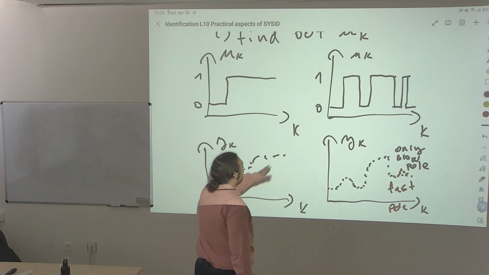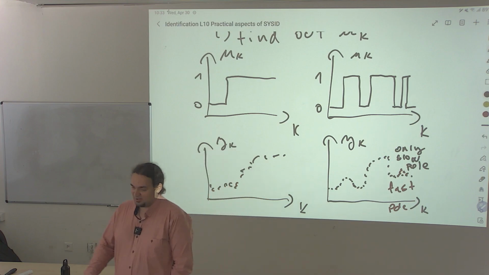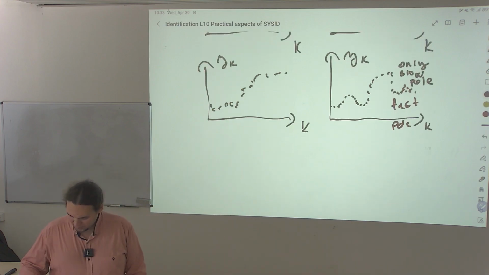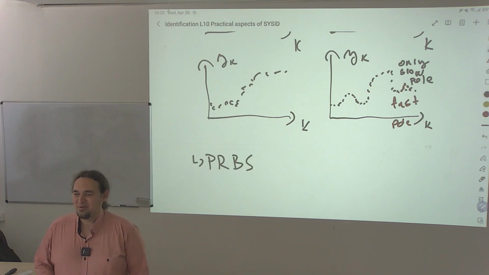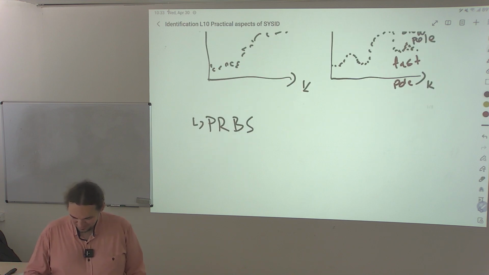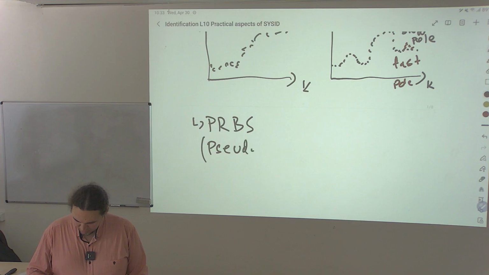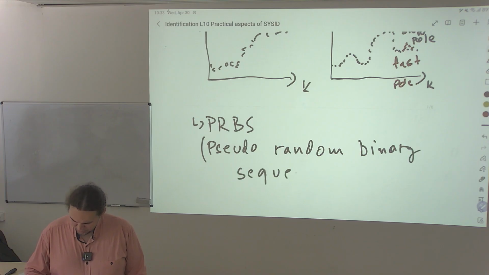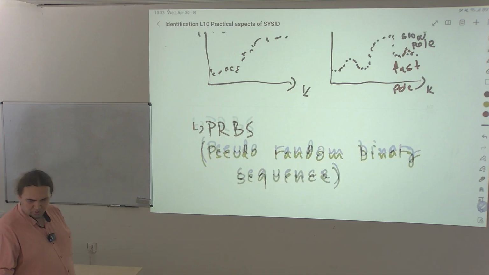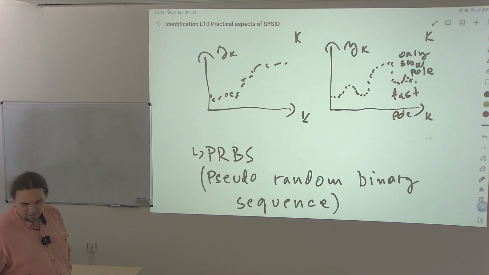So it might be quite beneficial to use this form of signal, and this form of signal is usually called PRBS. Many nice abbreviations here. It's called pseudo random binary sequence, and you should actually test it in your exercise.